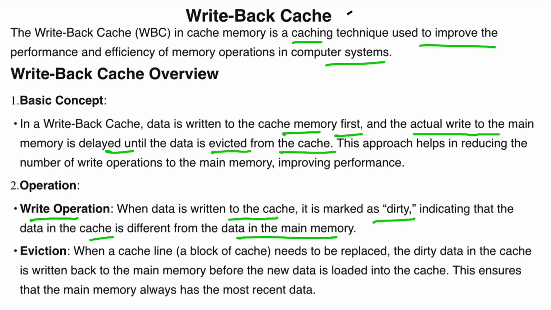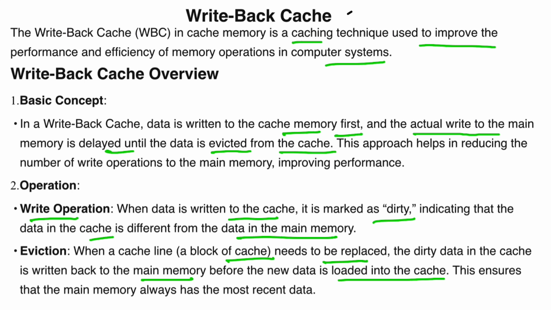What is this eviction? When a cache line or a block of cache needs to be replaced, the dirty data in the cache is written back to the main memory before the new data is loaded into the cache. So whatever data is present inside the cache and is not yet loaded inside the main memory will have to be written back to the main memory, because cache is temporary, so it will not store previous data if new data is loaded into the cache.